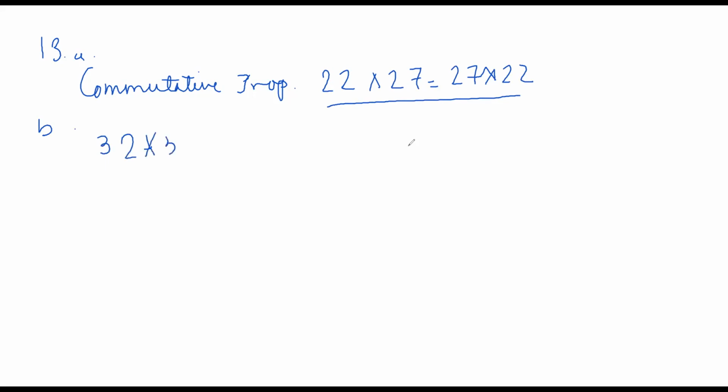32 multiplied by 65. Distributive property of multiplication over addition. We can take 32 as common and write 35 plus 5.